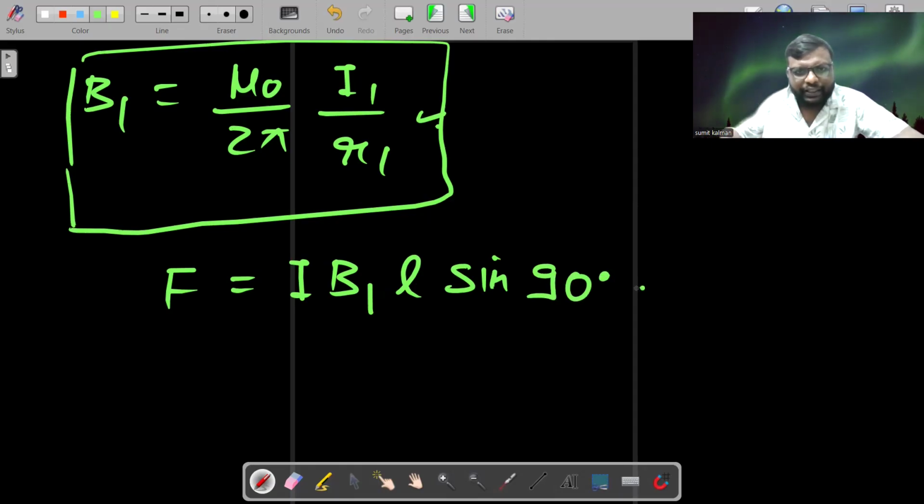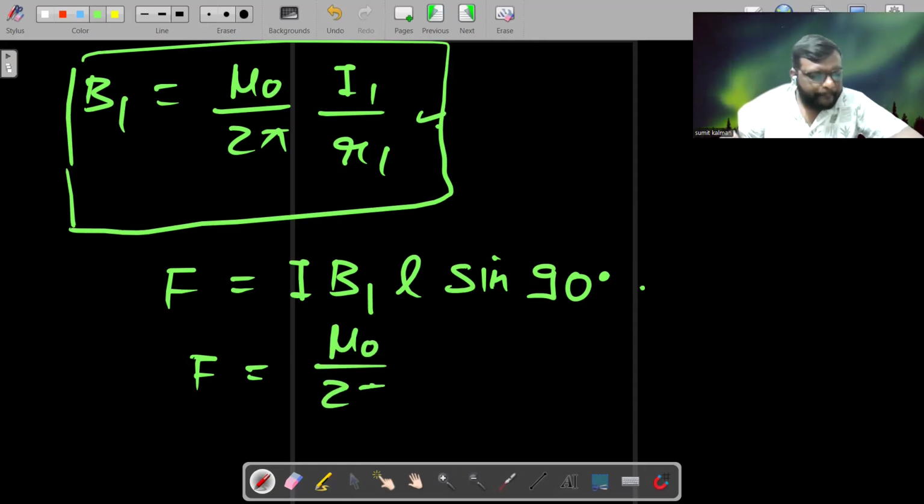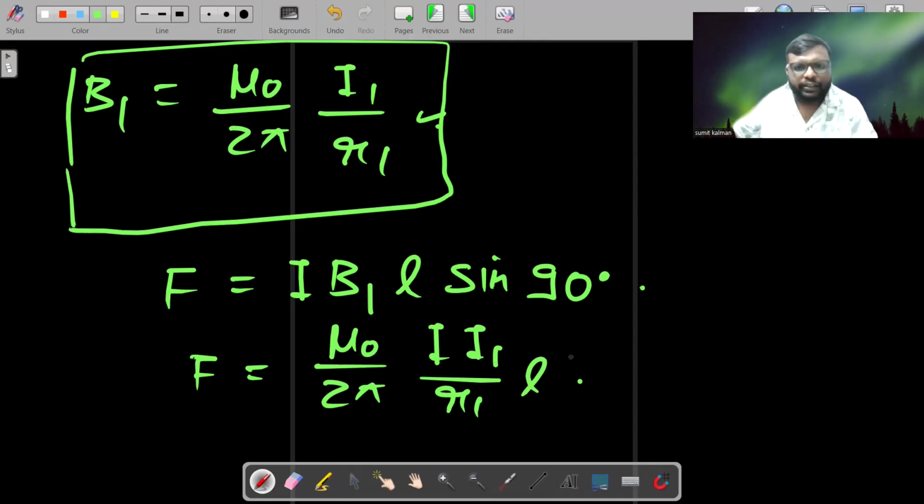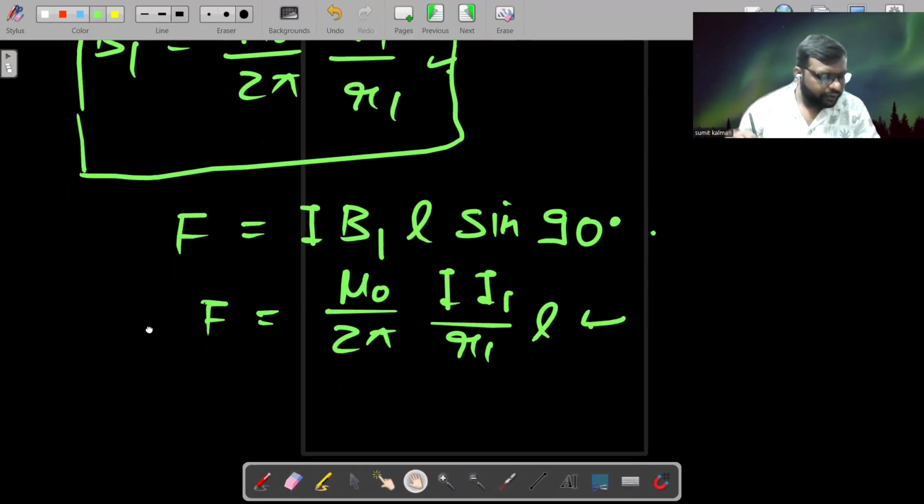So here it will be sine 90 degrees. So F will become mu naught upon 2 pi I into I1 upon R1 into L. So this is the magnetic force acting on the conductor Y.